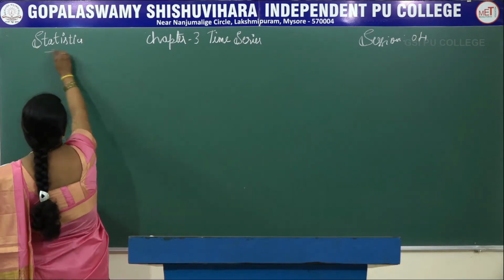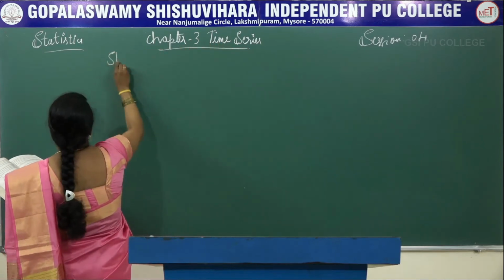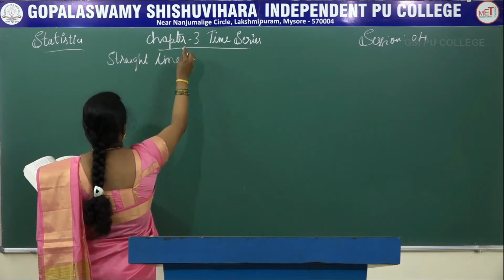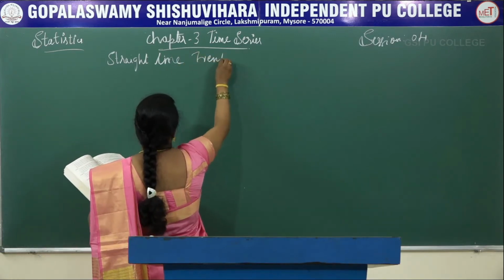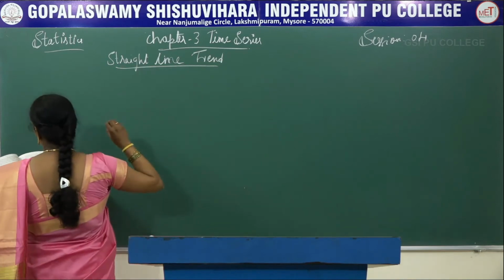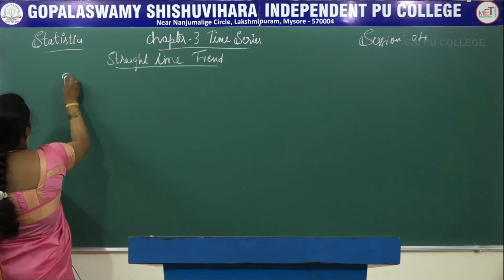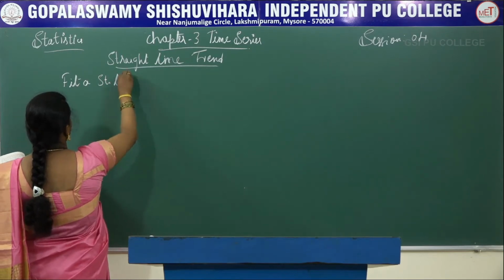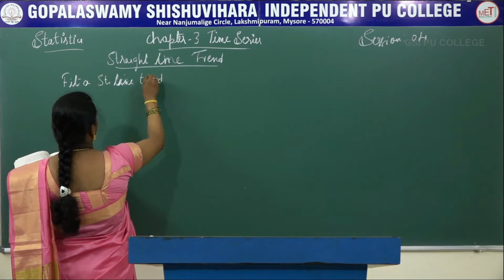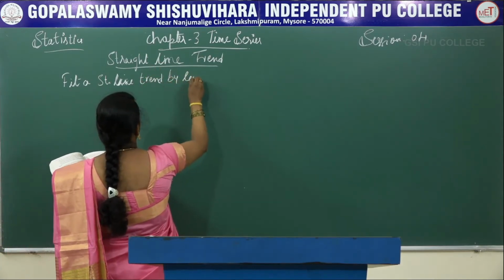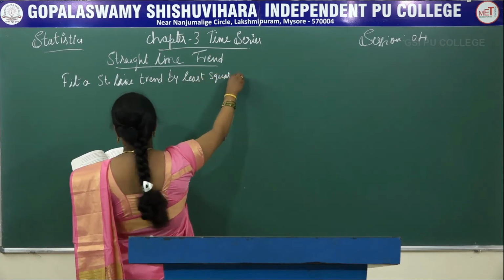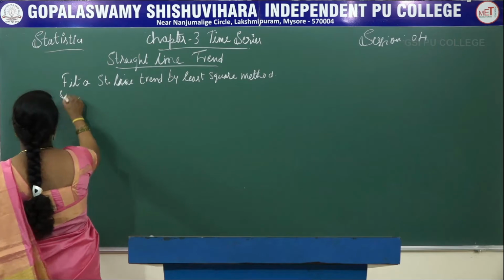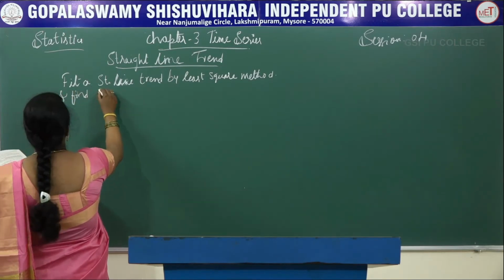The problem says: fit a straight line trend by least square method, and find trend values.